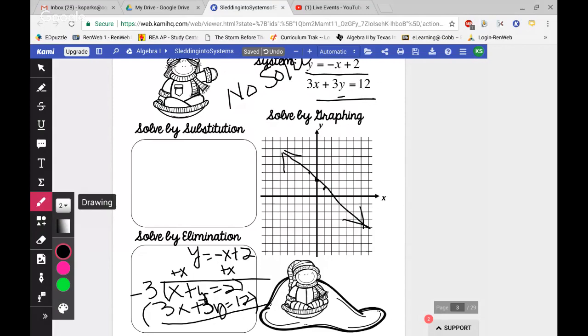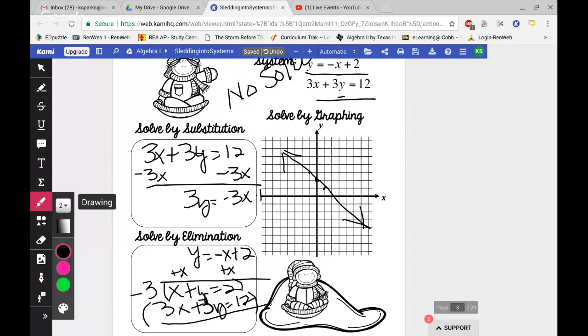And then this one, the 3x plus 3y, I would have to put in slope intercept form. So I'm going to subtract 3x from both sides, and that leaves me 3y equals -3x plus 12. And then divide everything by 3, and I would have y equals -x plus 4.